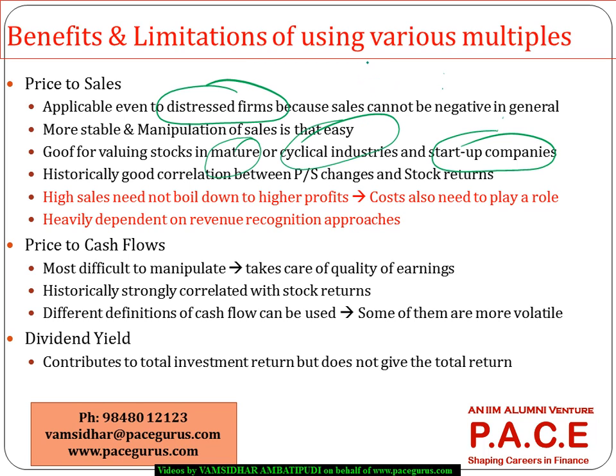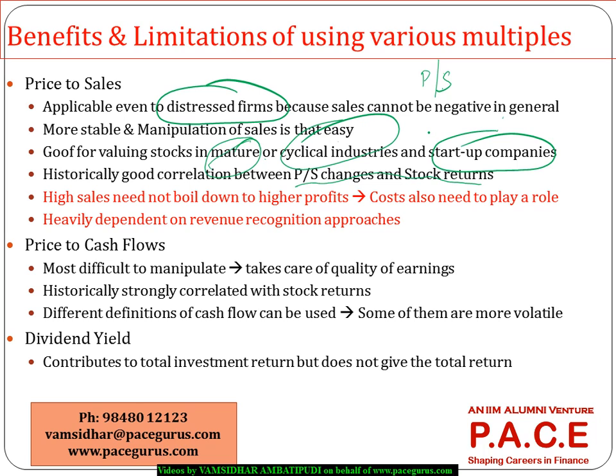So based on the sales forecasts, we can very well try finding out P by S for them, and it is applicable for mature and cyclical industries also. And even historically, it has been shown that the changes in the price to sales ratio are very much linked with the stock returns.